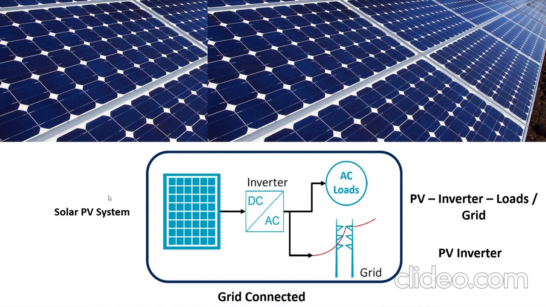This solar PV system is made up of the panels, and then we have an inverter which converts the incoming DC power to AC power, and then straight away we can supply some of the loads that are local to our station, and also we can push into the grid. So such a system is classified as a grid connected system.